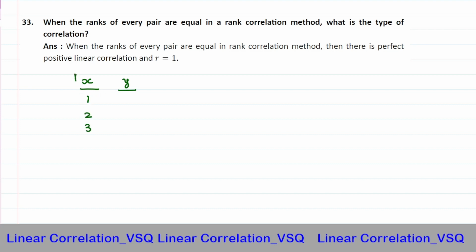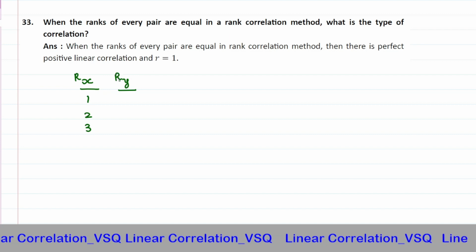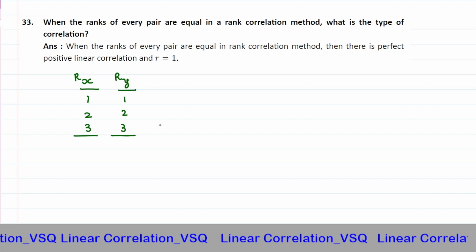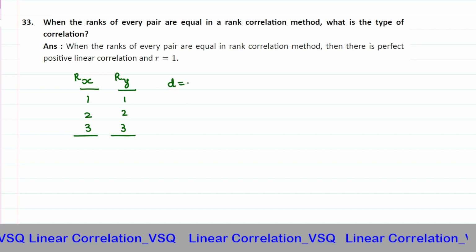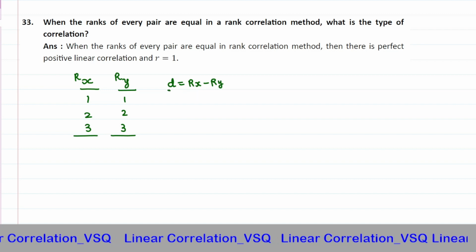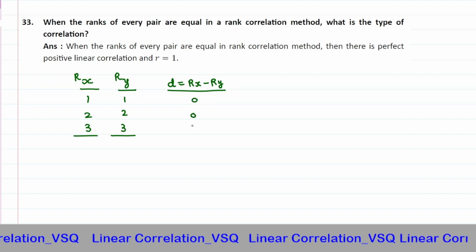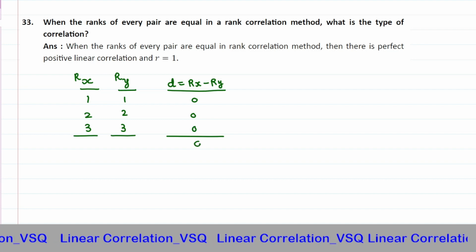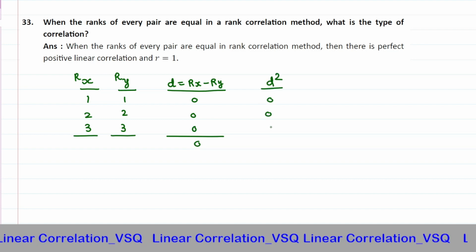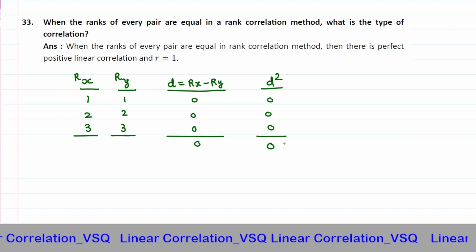Rx equal to 1, 2, 3, and Ry equal to also 1, 2, 3. Rank of X and rank of Y are equal, therefore difference between Rx and Ry, Rx minus Ry, equals 0, 0, 0. Sigma d is 0. Similarly, sigma d square equal to 0, 0, 0. Sigma d square equal to also 0.